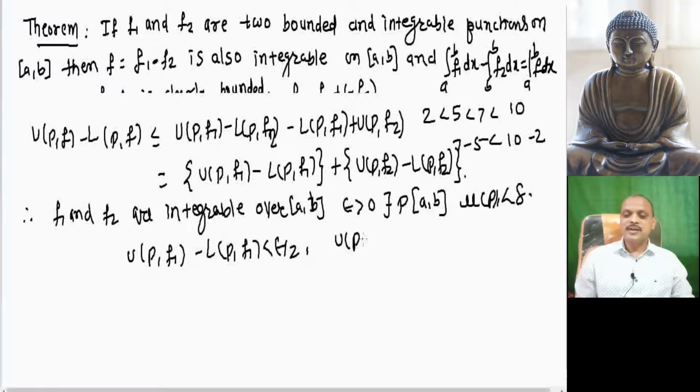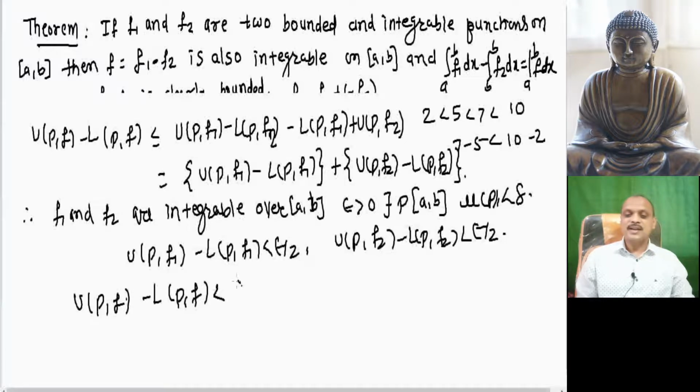Similarly, U(P, f2) minus L(P, f2) is less than epsilon by 2. This gives us U(P, f) minus L(P, f) is less than epsilon by 2 plus epsilon by 2, equal to epsilon, and hence the function is integrable.